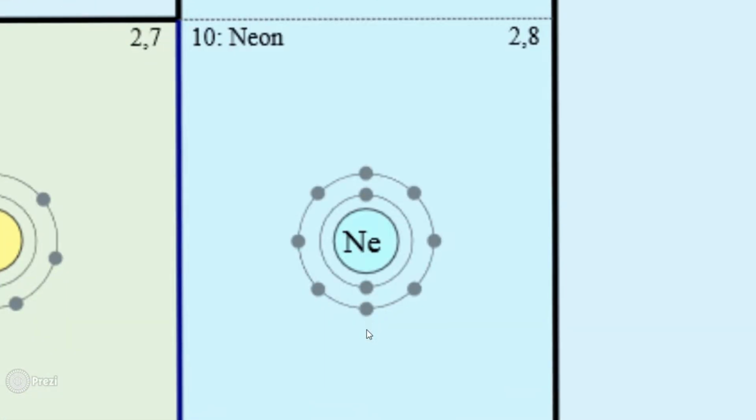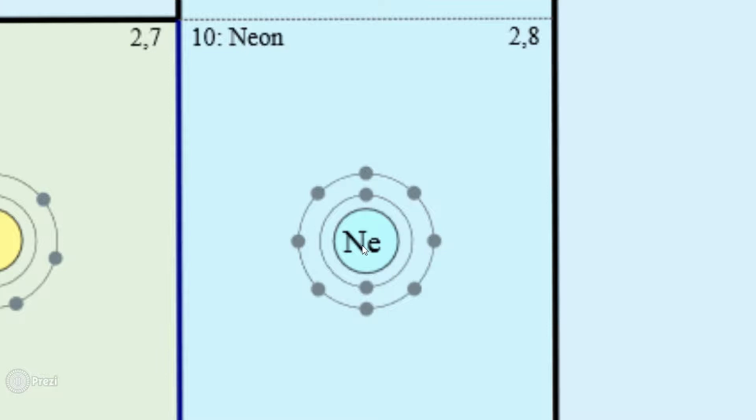However, if we jump down to neon, the 10th element, with an atomic number of 10, we would expect to find 10 protons in neon's nucleus, but we can also see 10 grey dots, which symbolize our electrons. They're in a specific pattern.